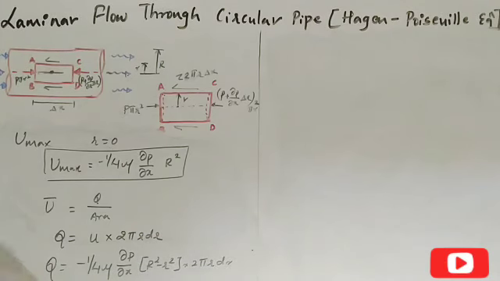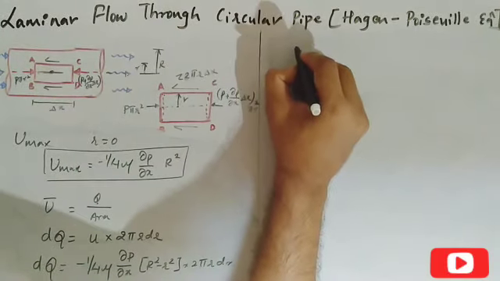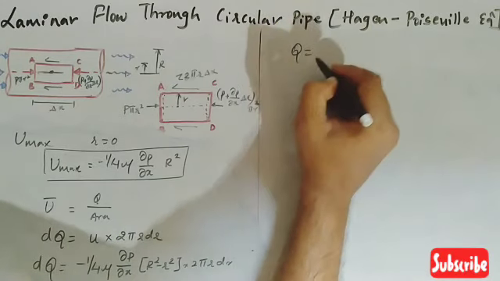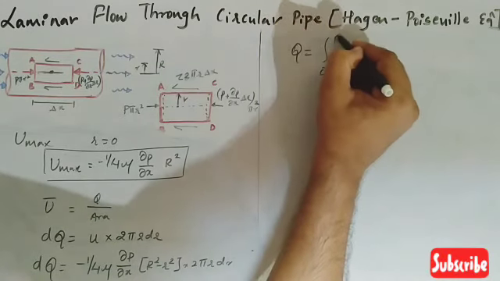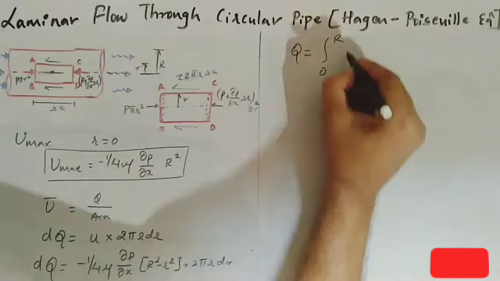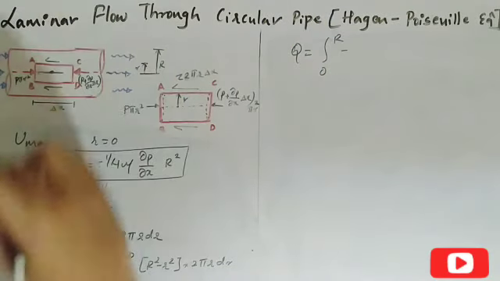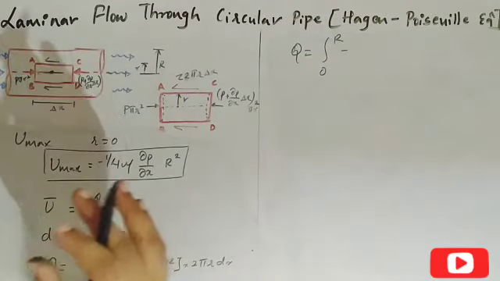Now integrating this equation, this is dq, and we get the actual discharge at a particular section. The integration will be from 0 to r, because I have to consider the total circular pipe, the flow through that section.